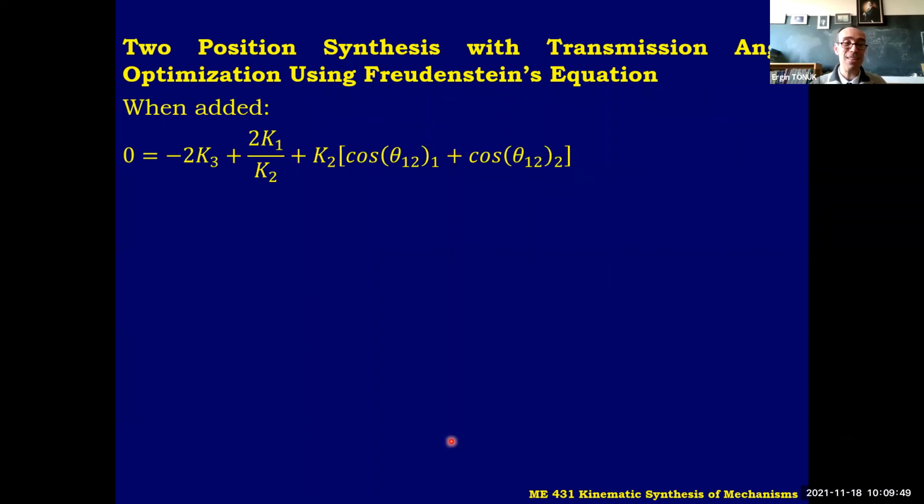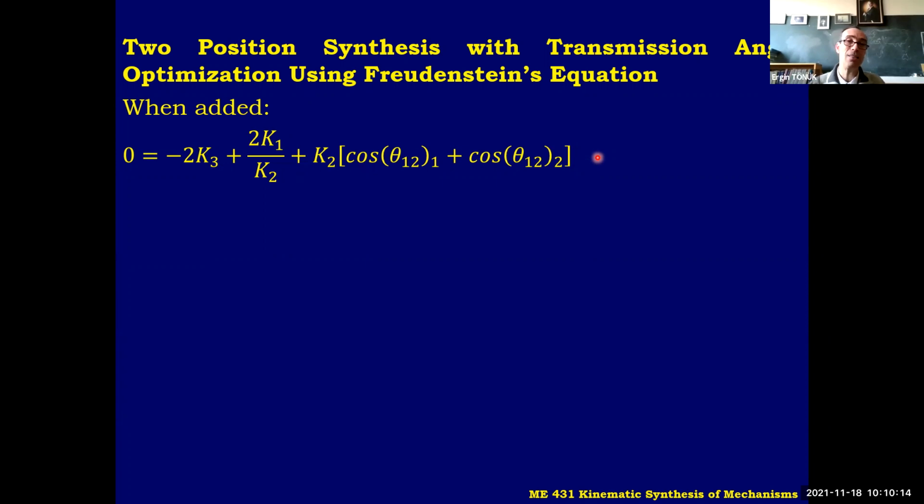Well, this is not a very well-behaving equation. I have to solve for K3, K2, and K1. But it's not linear in terms of these three unknowns, unlike the Freudenstein's equation. However, we can solve it still.